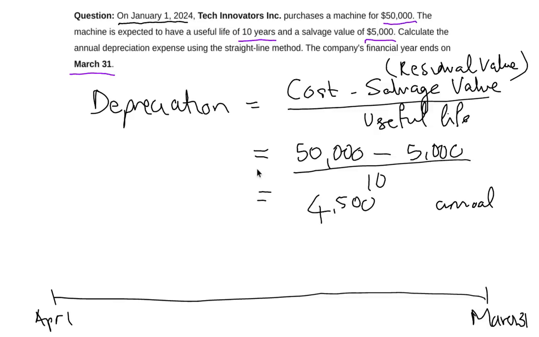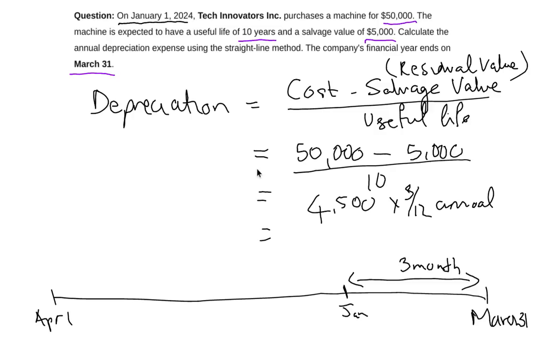Alright, so January is somewhere here. So we only have to account for these couple of months, not the whole year, because we only got it in January. So January the 1st to March 31st is January, February, March. That is 3 months. So since the 4,500 is for the year, we want to get the depreciation only for 3 months.